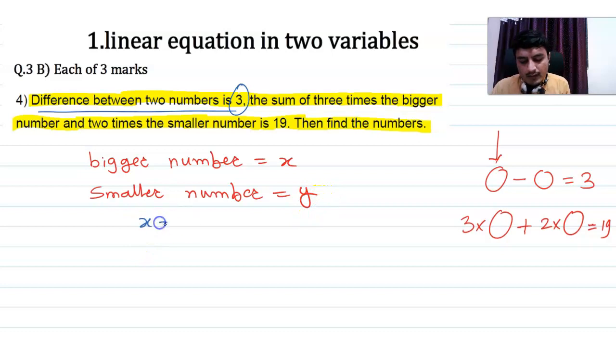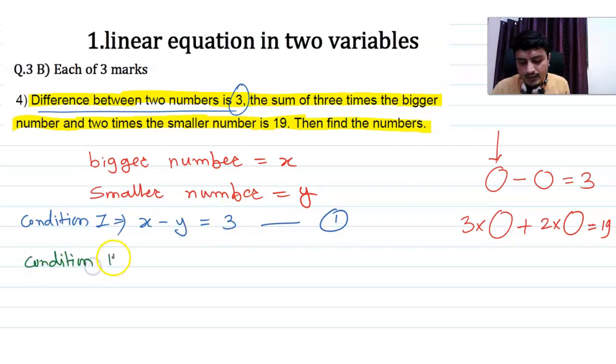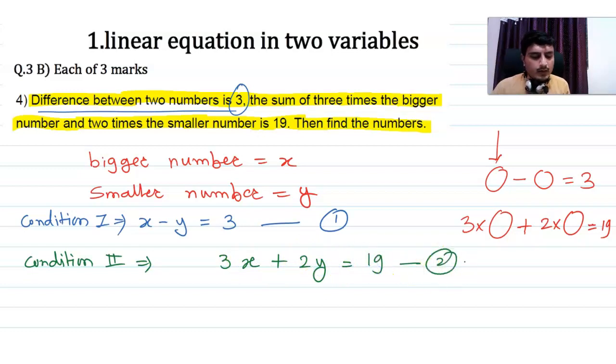So as per the first condition, we get x minus y equals 3, call it equation number 1. Now look at the second condition. As per the second condition, the sum of 3 times the bigger number and 2 times the smaller number equals 19, call it equation number 2.